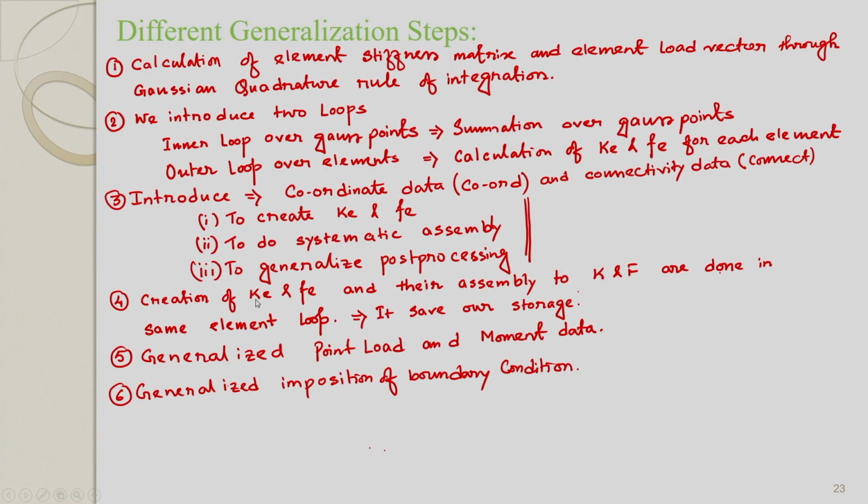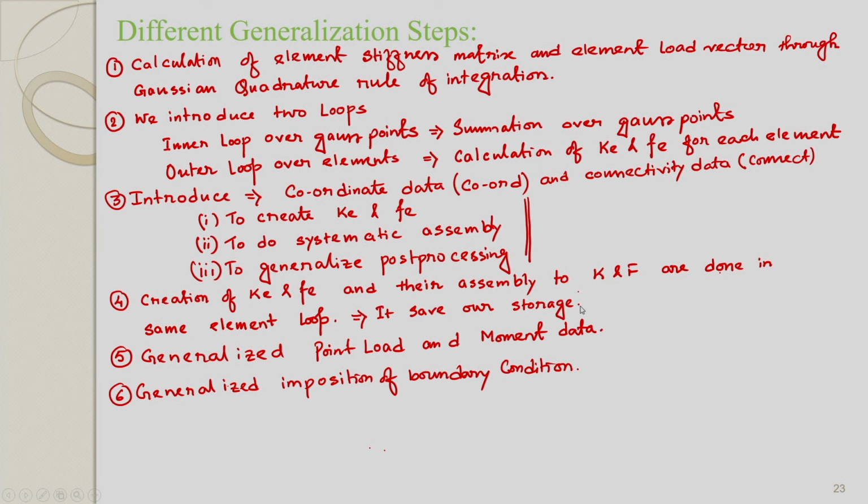After that, we have created KEFE and we did the assembly of those element matrices to global matrices in the same element loop. Then we need not store the element stiffness matrix and element load vector for each element.